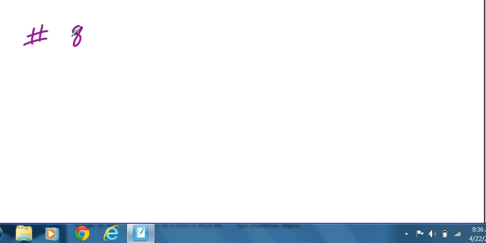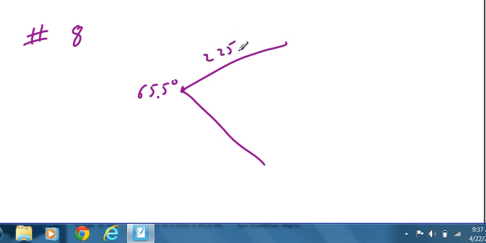8. The angle at one corner of a triangle is 65.5 degrees. If the sides that meet at this corner measure 225 and 320, what is the third side?